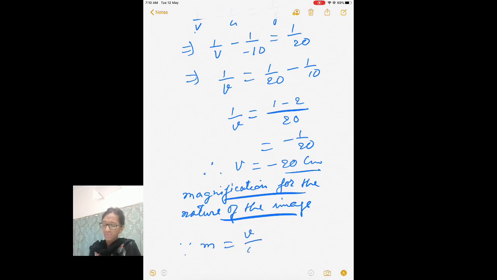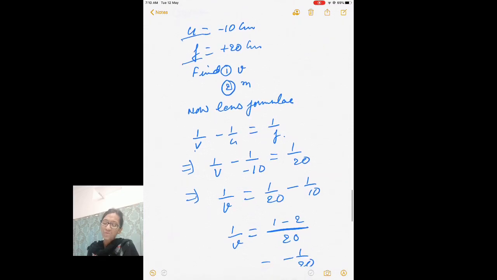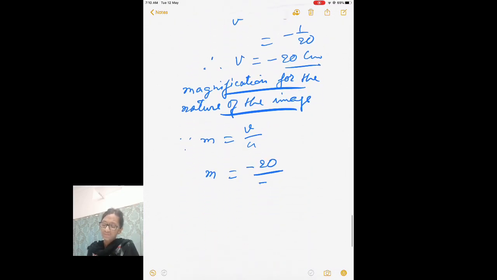M is equal to v upon u, and this is equal to, for mirror it is equal to minus v upon u, but for lens it is plus v upon u. So magnification comes equal to, let me put with its sign, minus 20 upon, and u is minus 10 centimeter or meter, whatever the unit you have taken.